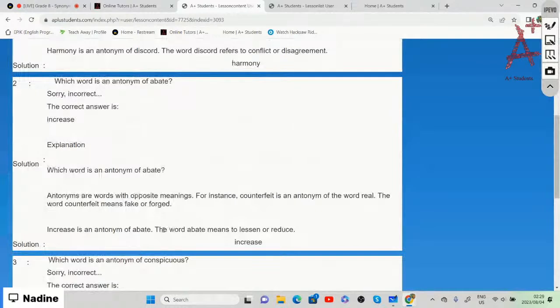All right, the antonym of abate. The meaning of abate is to lessen or reduce.